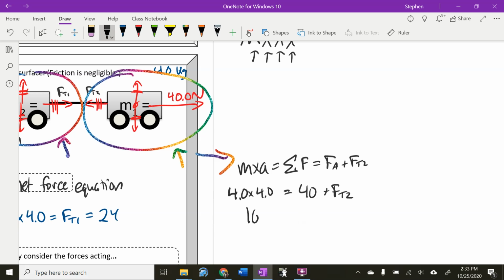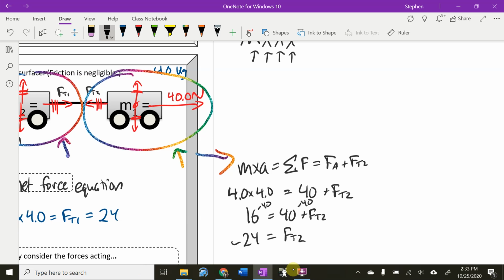So now we have 16 equals 40 plus FT2, and therefore we have negative 24 equals FT2. I've just subtracted 40 from both sides. So negative 24 equals FT2, and that exactly lines up with what we would expect.